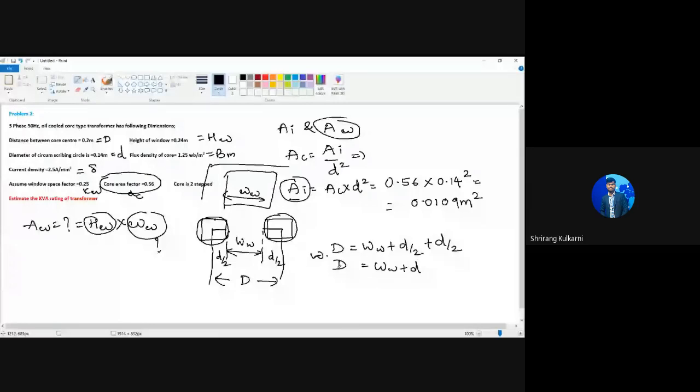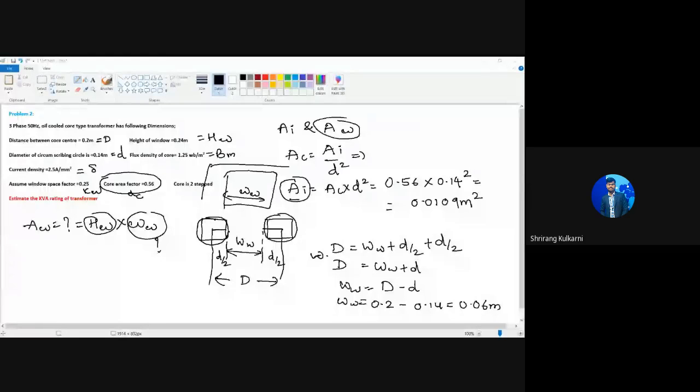Capital D includes Ww plus 2.06 meter. So this is the Ww value. Substitute here. So Aw will be equal to Hw, how much? 0.24 into capital D minus small d.